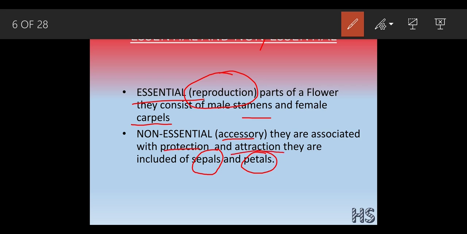Okay, attraction for pollination and protection, because these sepals and petals protect the flower from unwanted animals and all. So that is why they are considered for protection and attraction. And who are they? Sepals and petals. Androecium, that is the male stamen, and the female carpel called gynoecium are responsible for reproduction. So that is why they are essential in nature.